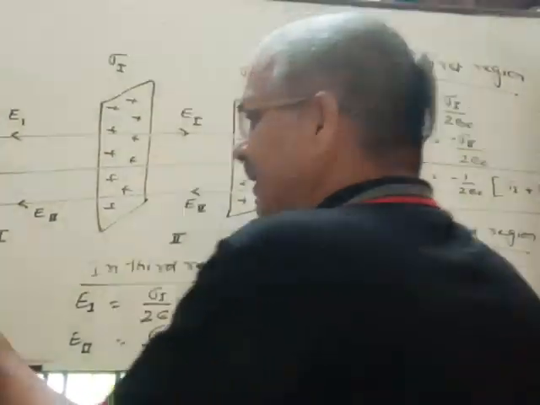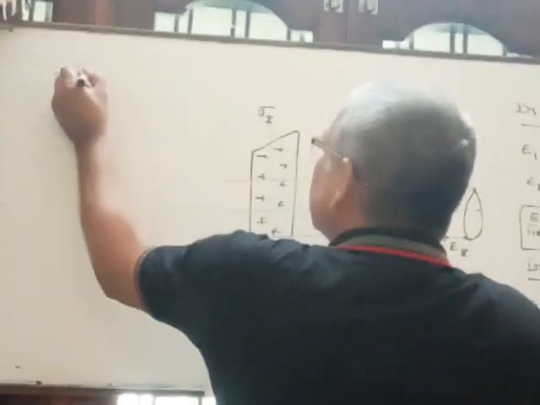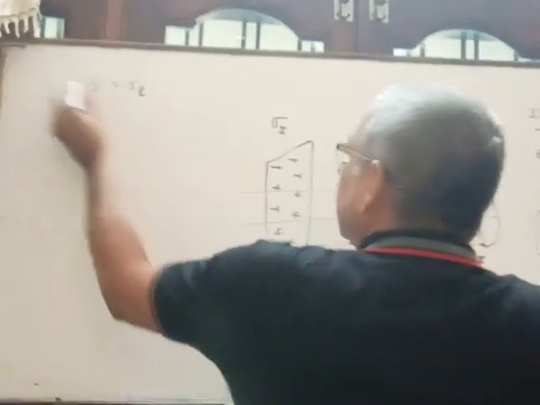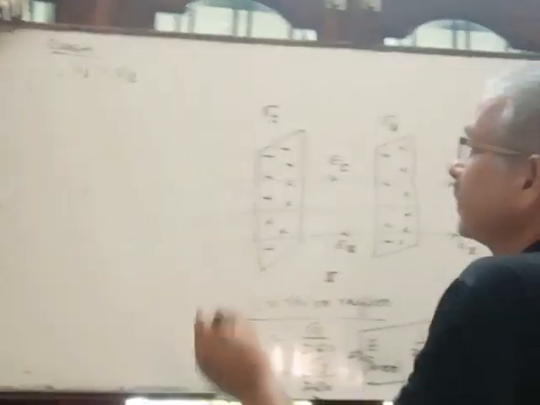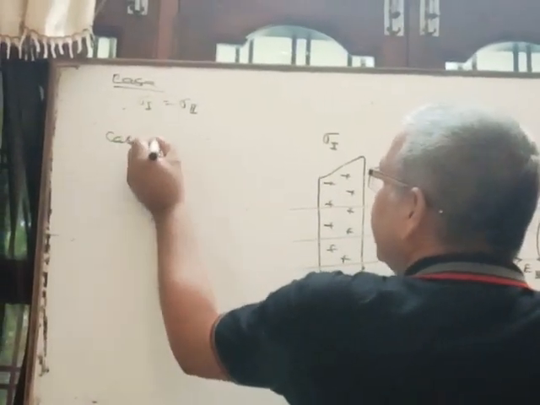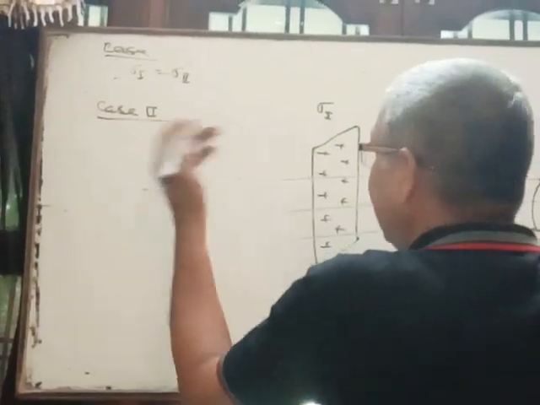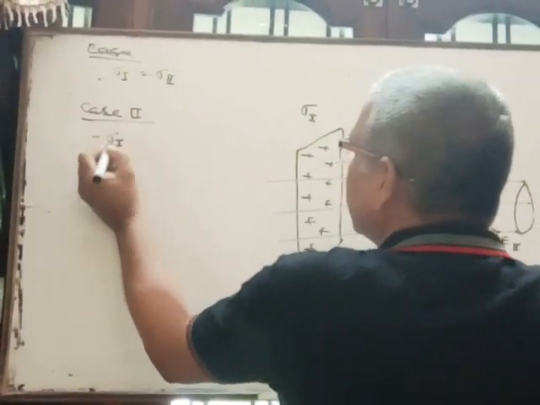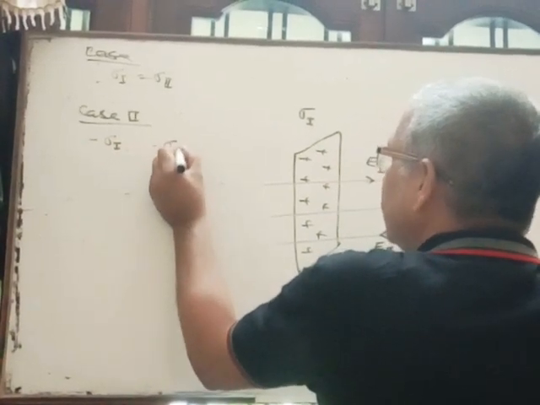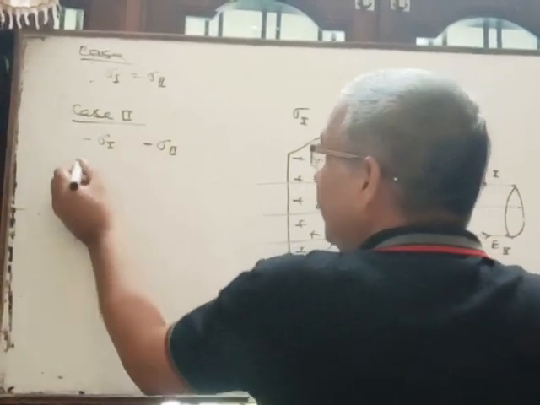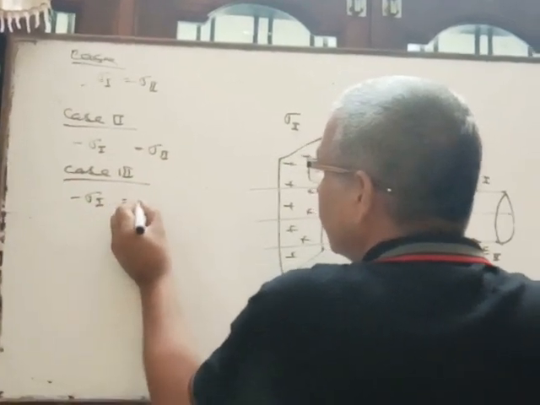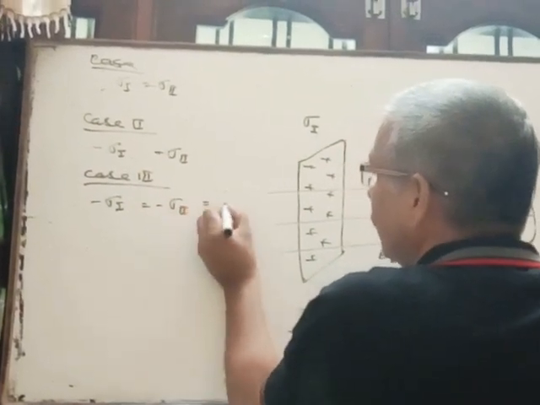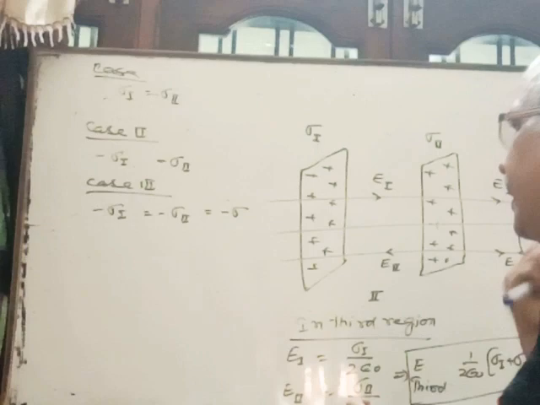You may take different cases. Suppose if sigma first is equal to sigma second, you may get a different result in all the three regions. Case second, if both are negatively charged, that is minus sigma first and minus sigma second. If both are negatively charged but equal, meaning minus sigma first is equal to minus sigma second is equal to, suppose, minus sigma, then you will get three different results.